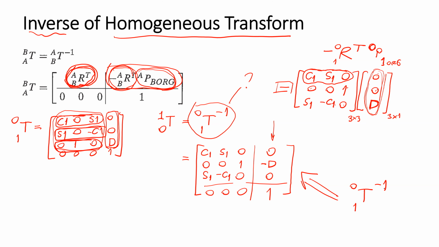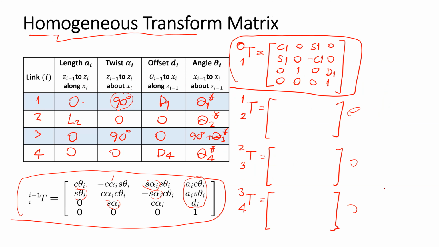Practice by yourself from the table of the DH parameter. From the table of the DH parameter, practice how to compose the homogeneous transform of link 1, link 2, and link 3.